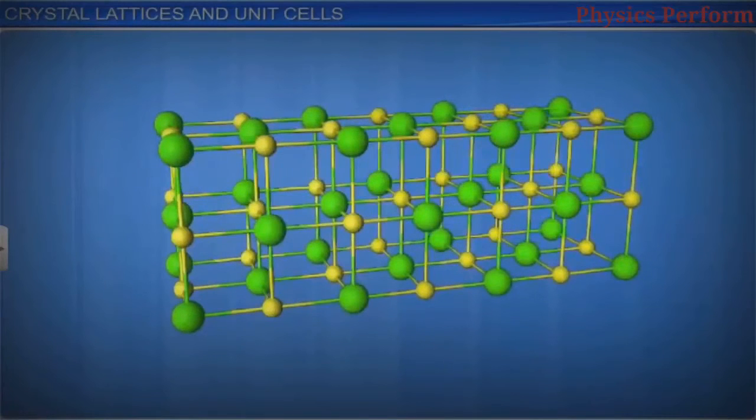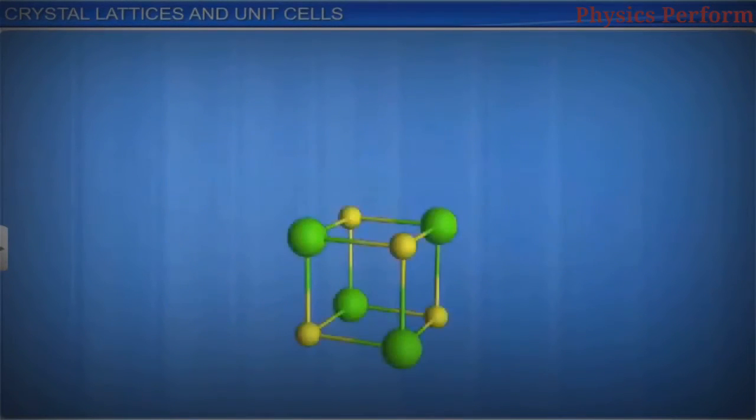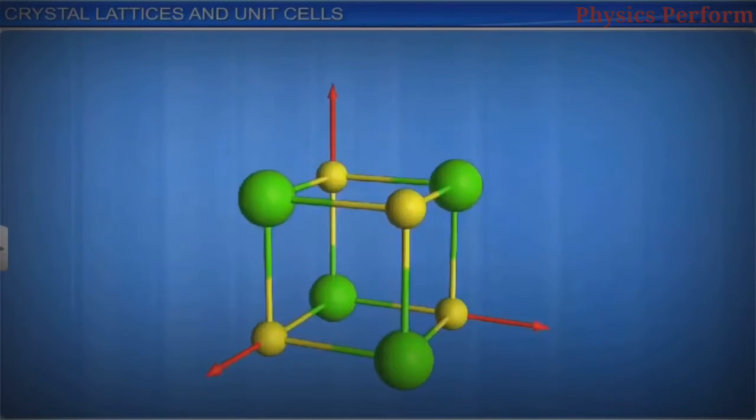A unit cell is characterized by distances a, b, and c along 3 edges, and angles alpha, beta, and gamma between pairs of edges. Alpha is the angle between edges b and c.